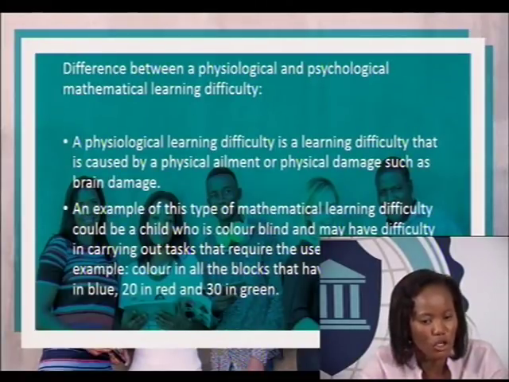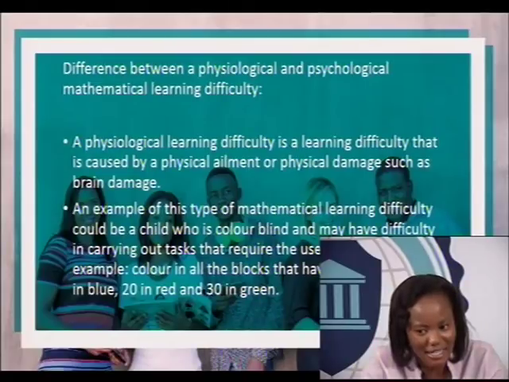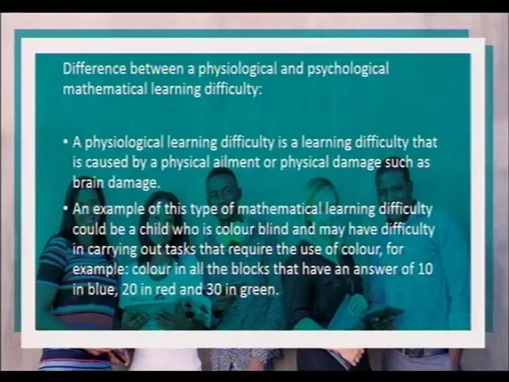It says a physiological learning difficulty is a learning difficulty that is caused by physical ailment or physical damage, such as brain damage. It's physical. Now, this brain damage causes mathematical learning difficulty because the child will end up having difficulty in just even addition, just to add up. It's because of that physical brain damage. So that's what we mean here.